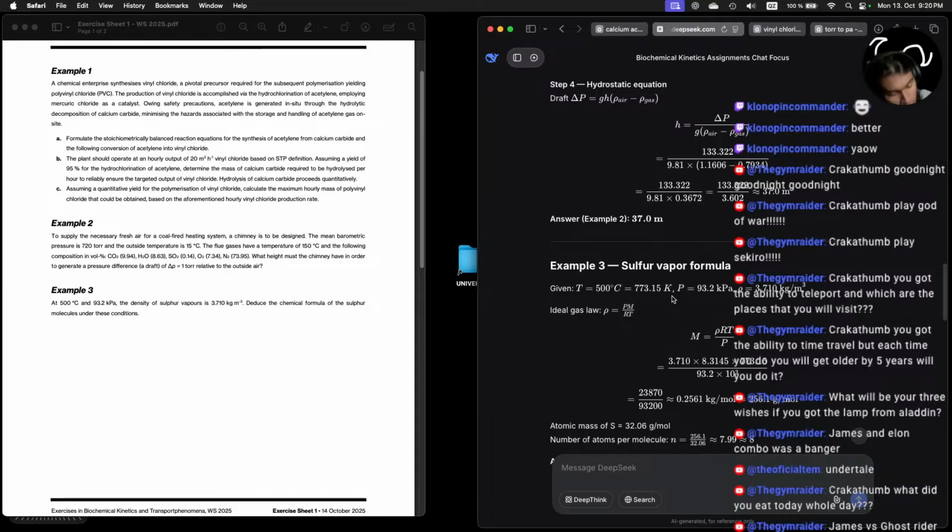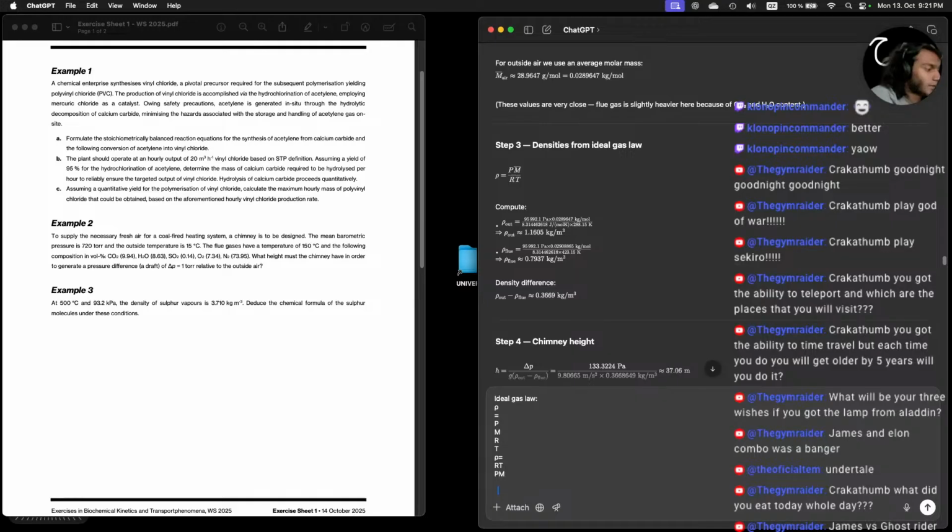Density equals... The ideal gas I knew was PV equals nRT.